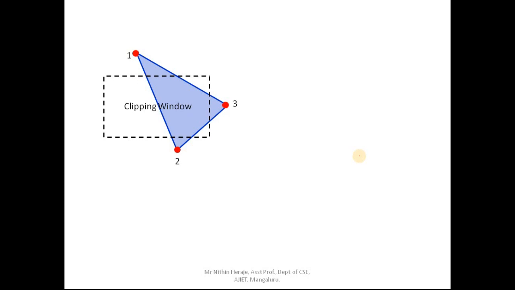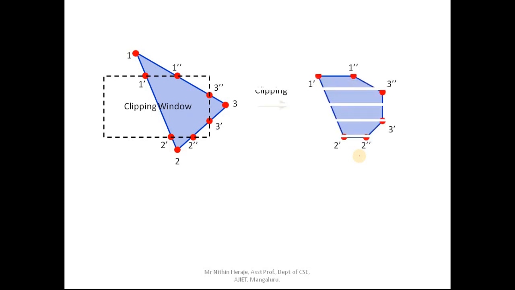So we'll find out what the new edges for this polygon are. We have 1 dash and 1 double dash after top clipping, 2 dash and 2 double dash after bottom clip, 3 dash and 3 double dash after right clip. After this we'll see how the polygon will look.